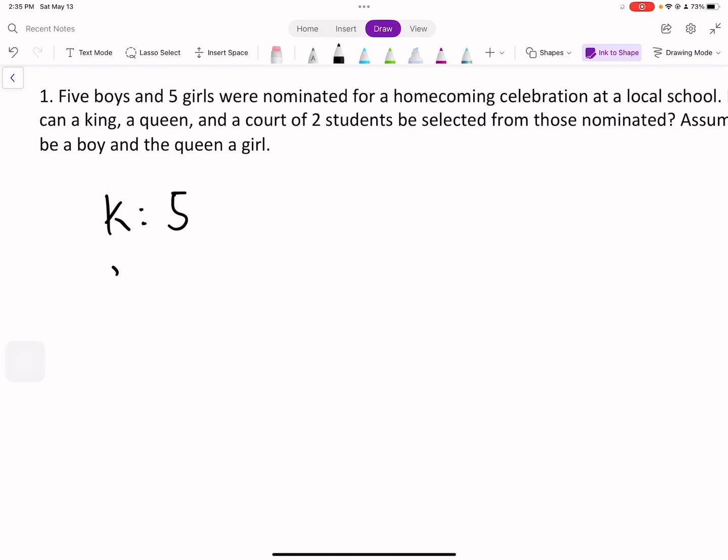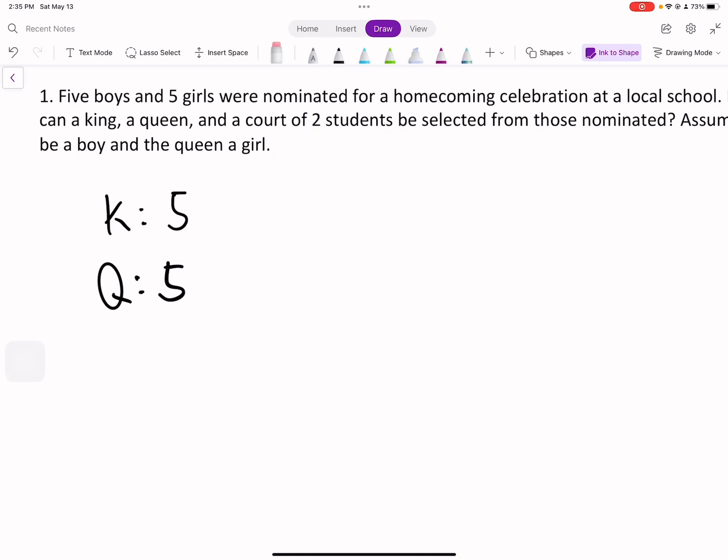The choices for a queen is also 5 because we also have 5 girls. For the court, it's a bit harder, because the 2 court people can be any 2 random people regardless of their genders.